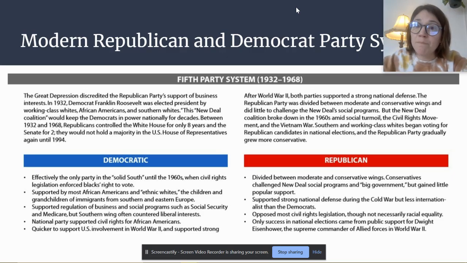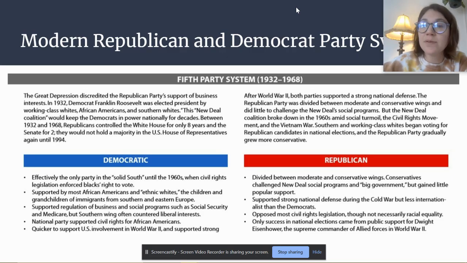After World War II, both parties supported strong national defense. The Republican Party was divided between moderate and conservative wings and did little to challenge the New Deal social programs. But the New Deal coalition broke down in the 60s amid social turmoil, the civil rights movement, and the Vietnam War. Southern and working class whites began voting for Republican candidates in national elections, and the Republican Party gradually grew more conservative.